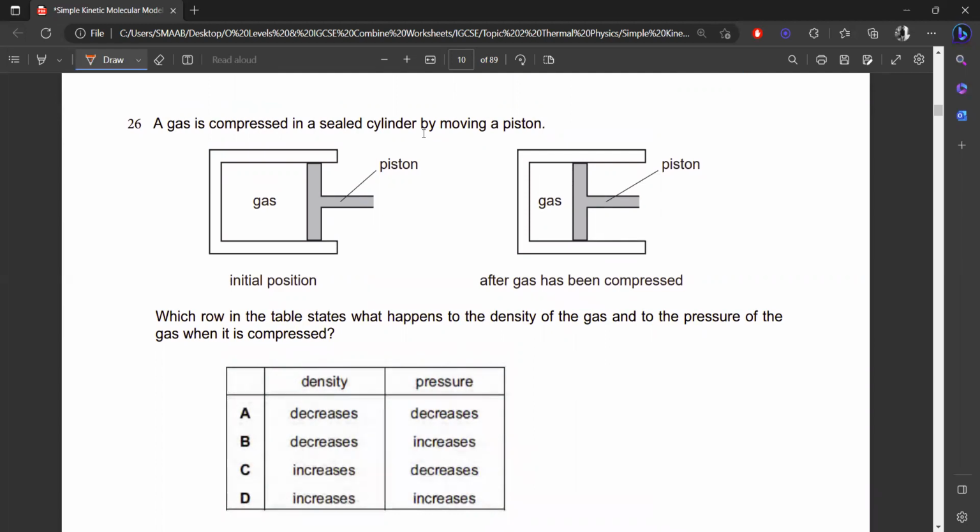Because we are going to compress the gas, after the compression pressure will increase and density will also increase, right? Because volume will decrease. According to the formula of density, mass over volume, when volume decreases, density will automatically increase.